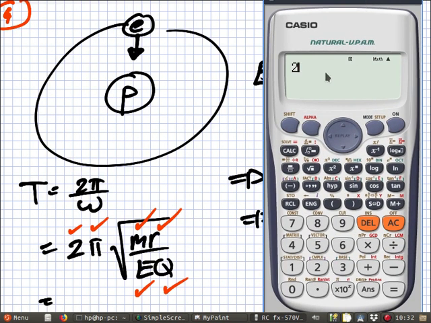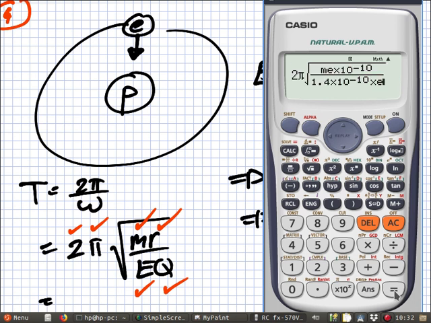It's 2 pi root fraction. Okay. Now, my calculator has the mass of an electron stored as constant number 3, I think. Yeah, it does. But you can type it in because I gave it to you. The radius is 10 to the power of minus 10. The electric field is 1.4 times 10 to the power of minus 10. And the charge is E, which I think is constant number 23 on my calculator.